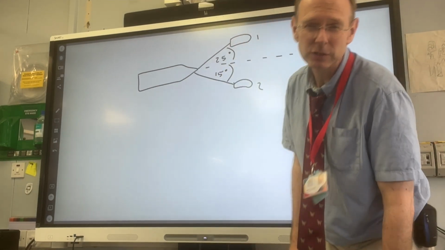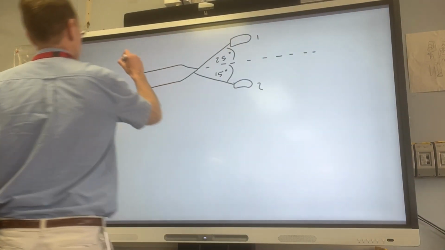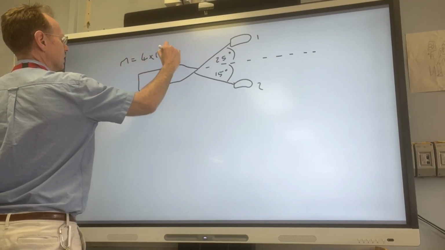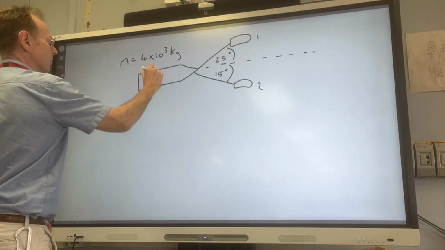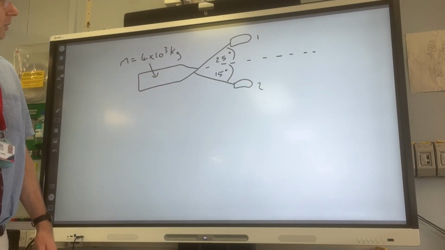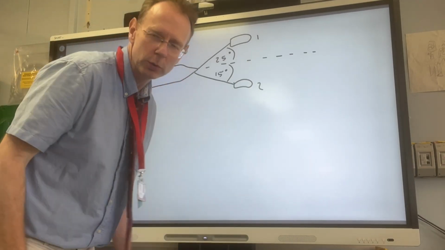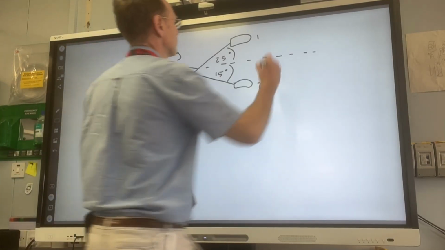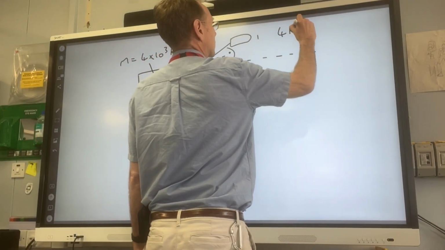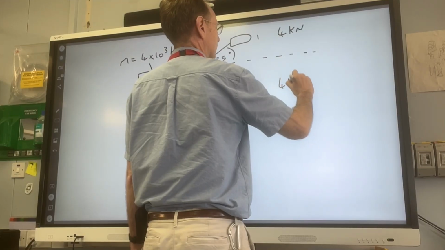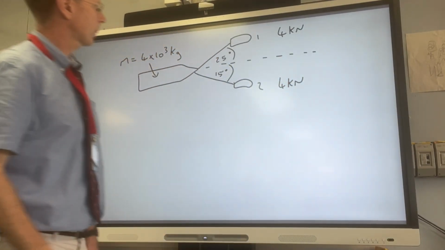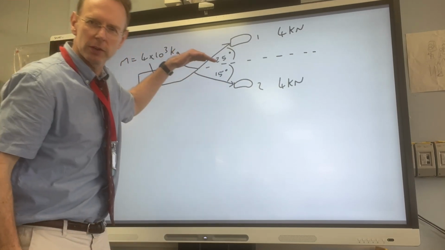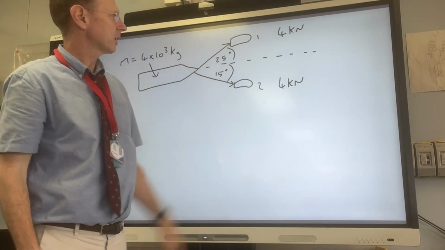Let's say it gives you the mass of the ship. The mass is 4 times 10 to the 3 kilograms. And let's say each tugboat pulls with a force of 4,000 newtons. 4,000 newtons that way, 4,000 newtons that way.